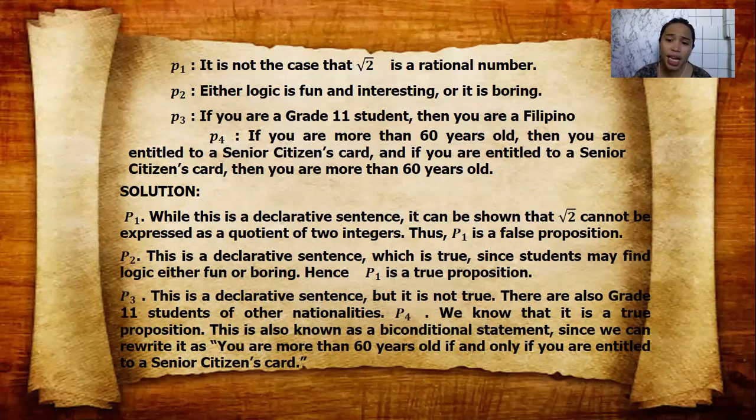And it is true. Why? Because if you are really 60 years old, then you will really be entitled to a senior citizen's card. So therefore, your P sub 4 is a true proposition. It is also known as a biconditional statement. When we say biconditional statement, it's a statement with an "if and only if" connector. Okay?